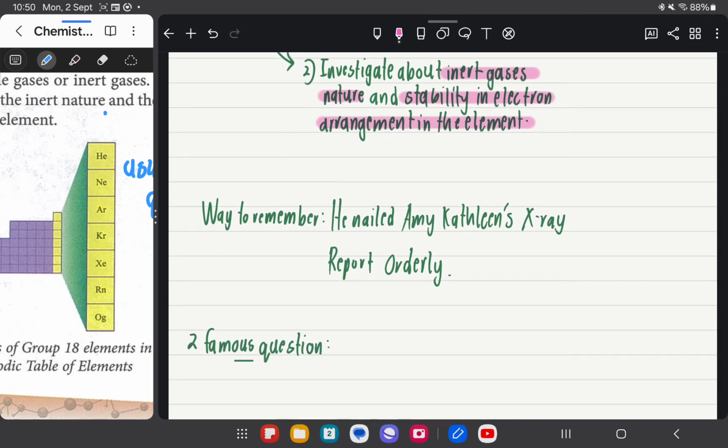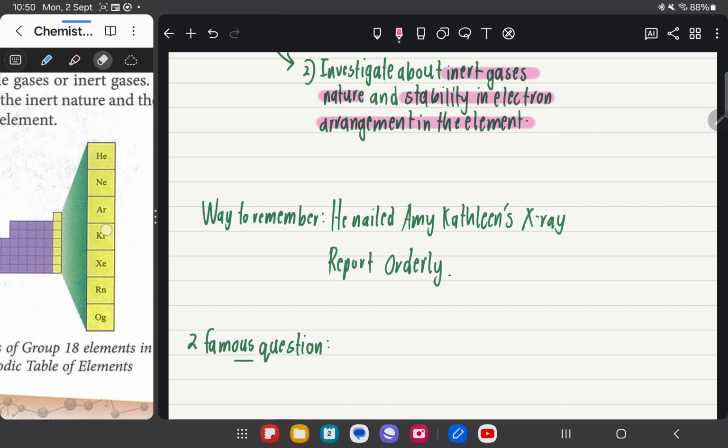So actually you are required to memorize, or rather to remember, all these 7 names. If people ask you what are the group 18 elements, you should say helium, neon, argon, krypton, xenon, radon and also oganesson. You should say all that accordingly. Don't put helium here and neon there.